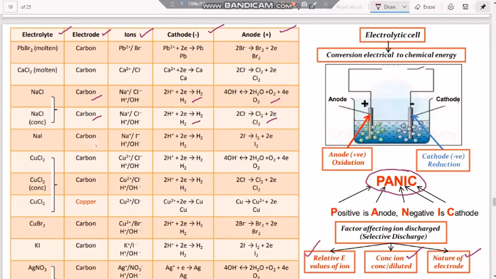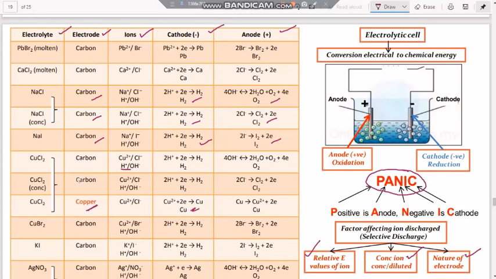Sodium iodide, if you take it with carbon electrodes, then these are the ions, and hydrogen gas at the cathode and iodine at the anode will be separated. While with copper electrodes, as we saw, copper is easily discharged. So copper is easily discharged when we have copper electrodes here.